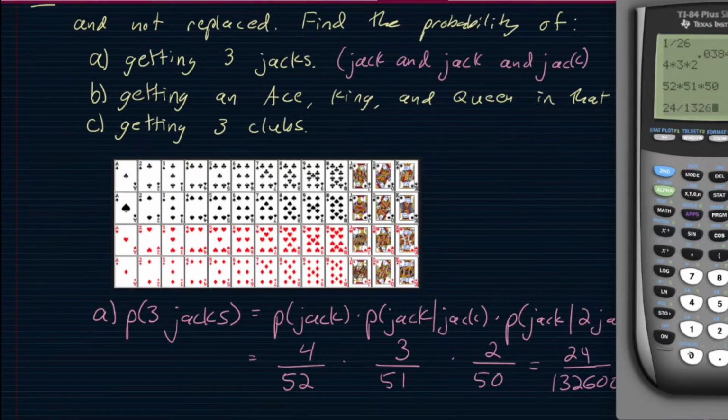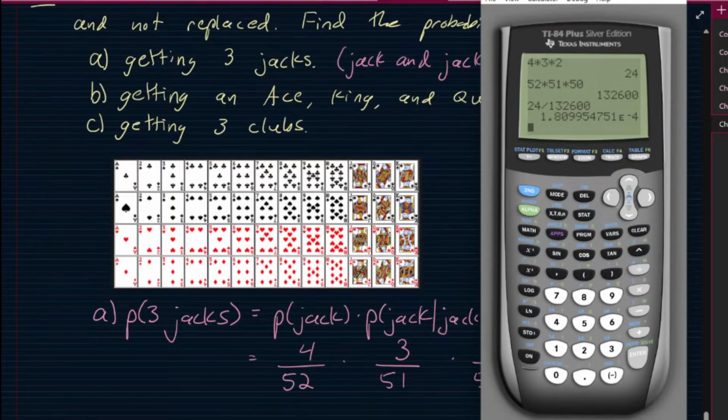So it says here 1.809954751 e to the negative 4. That just means move the decimal 4 spots to the left. So if I move the decimal 4 spots to the left here, it'd be 0.000180995, blah, blah, blah, however many decimals you want to write.